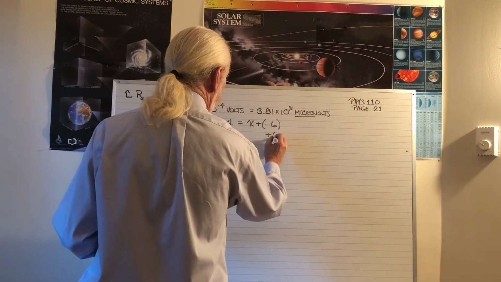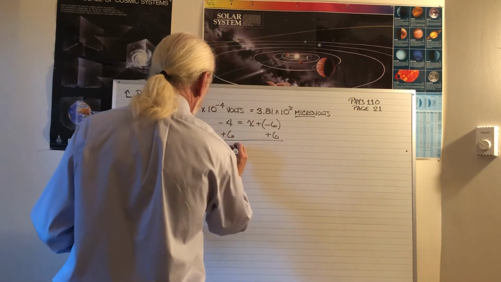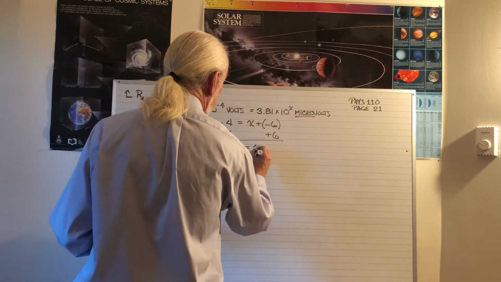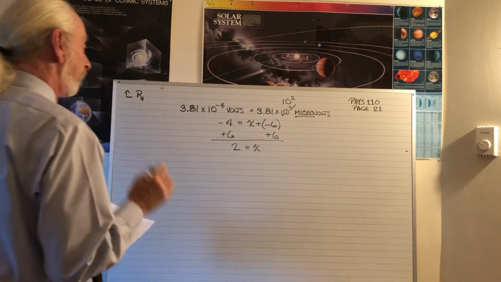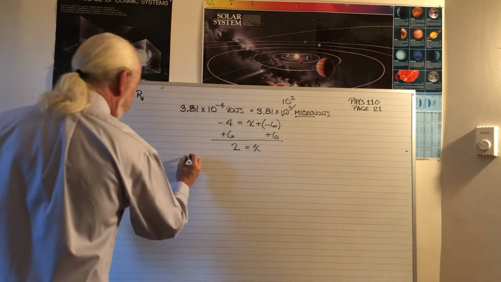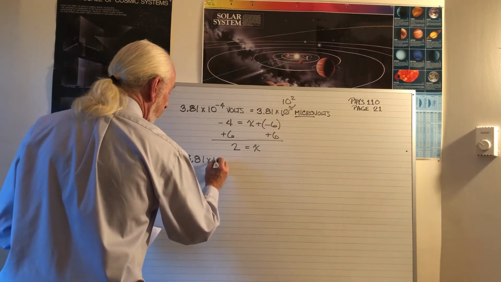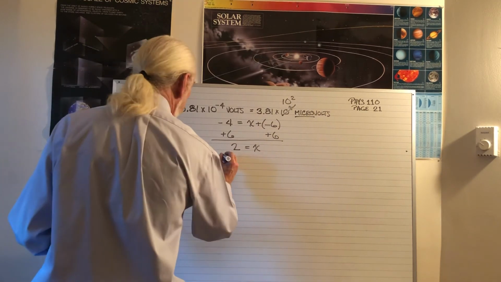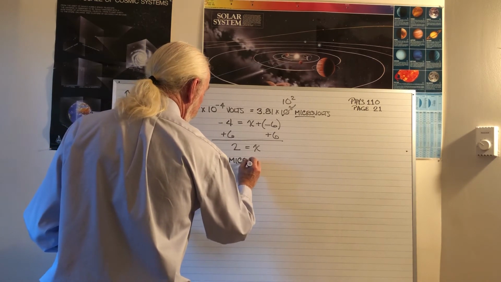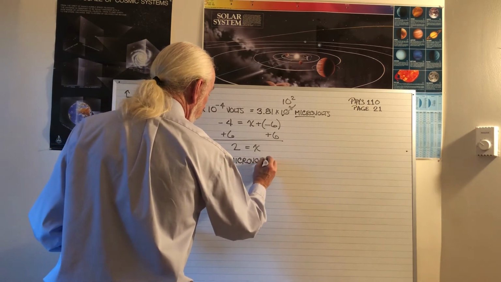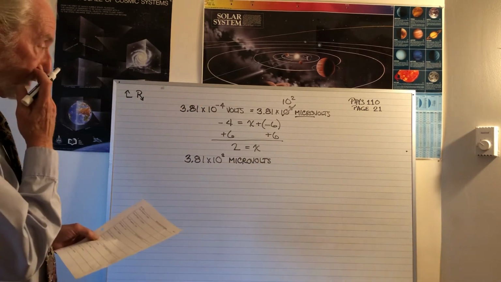I'll add 6 to both sides. 2 equals x. So this becomes 10 squared. So now I know that that's 3.81 times 10 squared microvolts, but I want standard notation, so that's 10 to the 0.